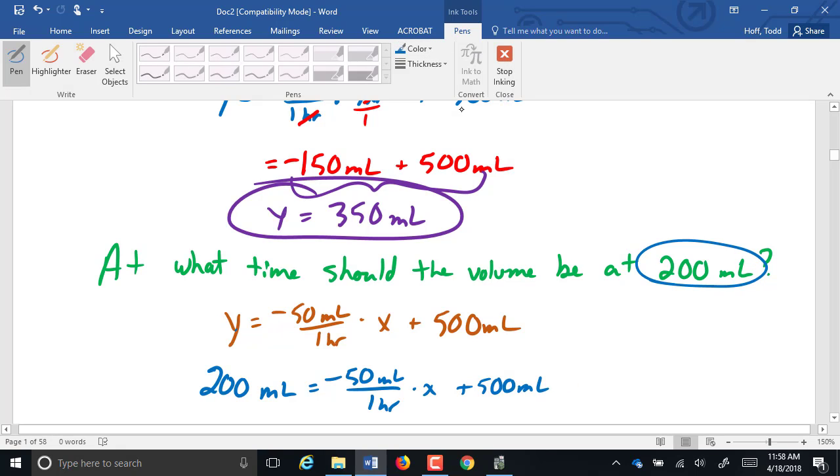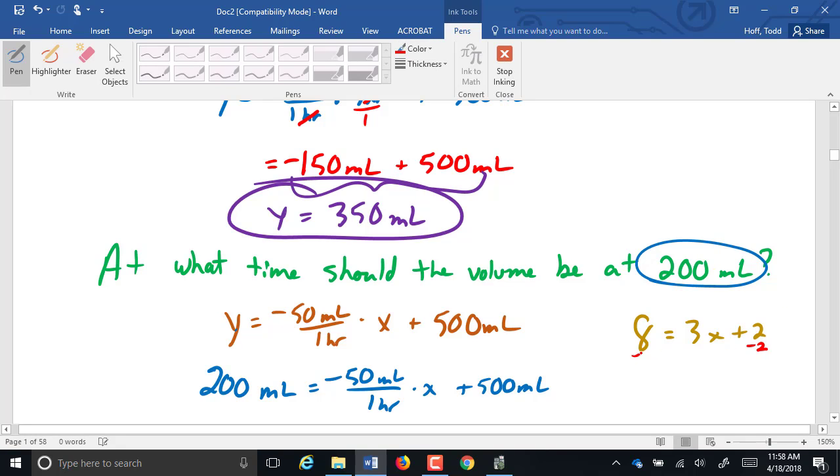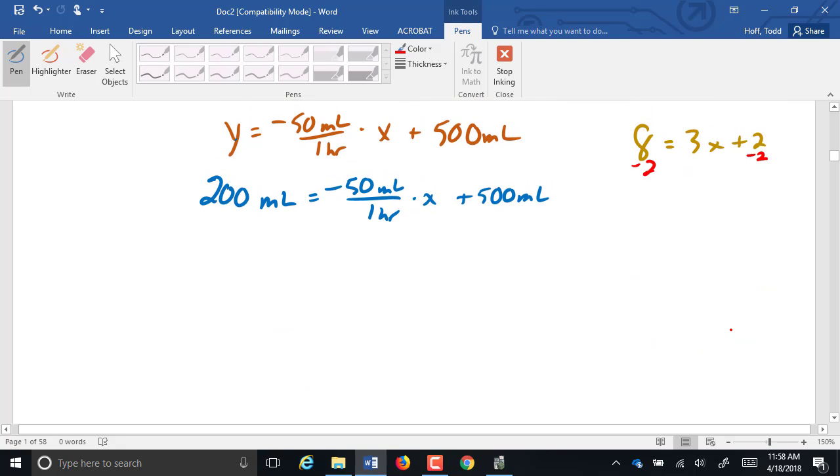This is exactly like taking something like 8 equals 3X plus 2. We would, in this case, subtract the 2 and then divide by 3. Well, same thing's going to happen over here. We're going to subtract the 500 milliliters.